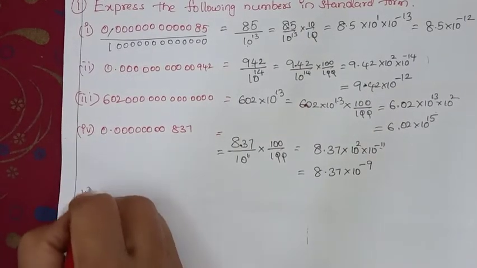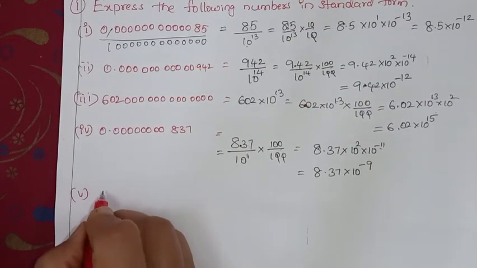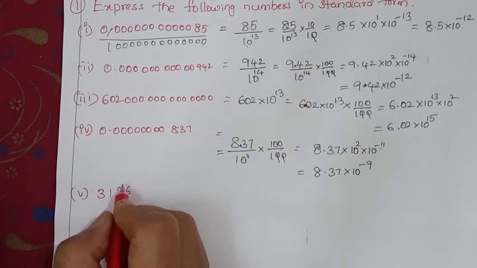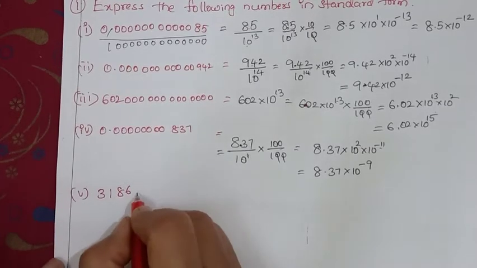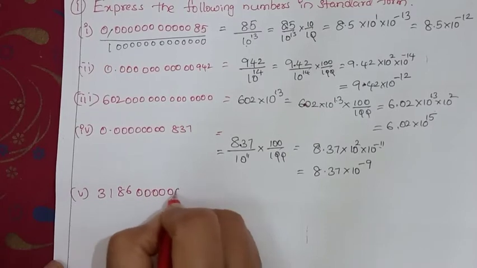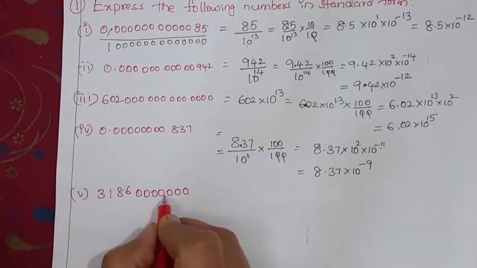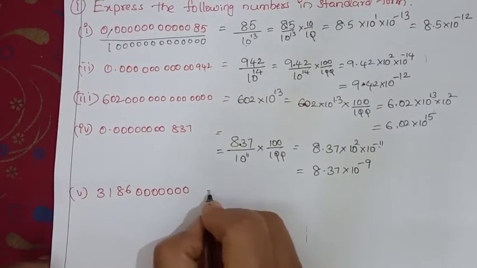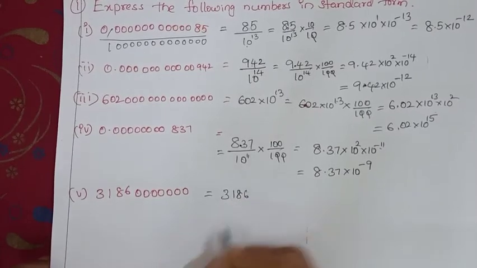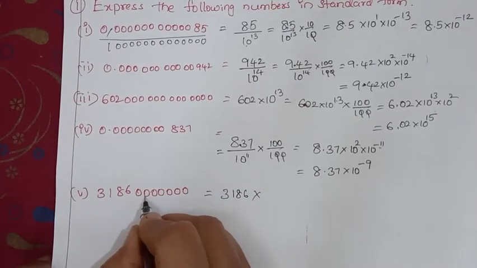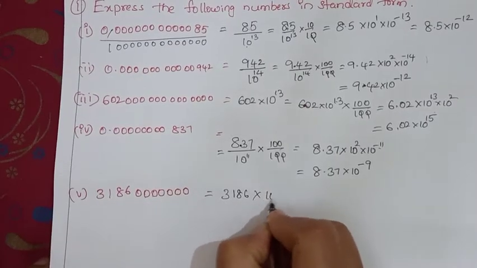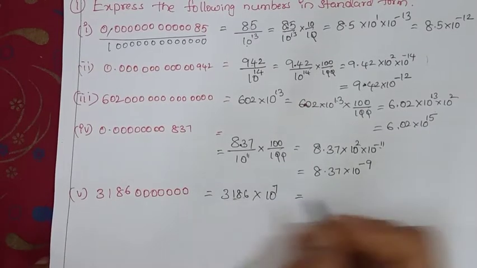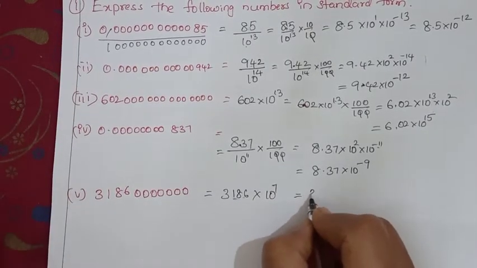The last question, fifth one. 3186, how many zeros? 7 zeros. So thousands, million, billion. Now here 3186 into 10 to the power of 7. Now again these three places I have to correct to the decimal 3.